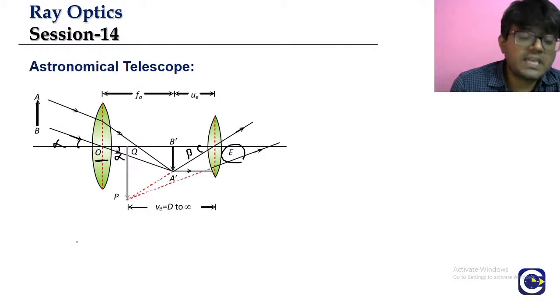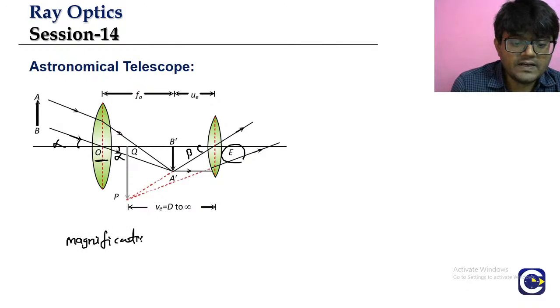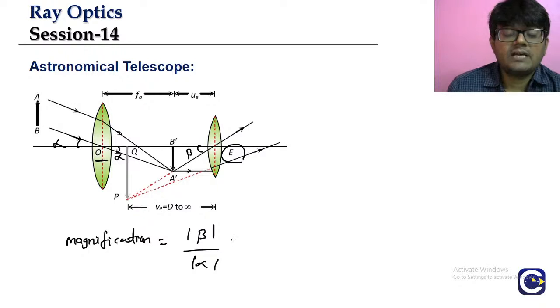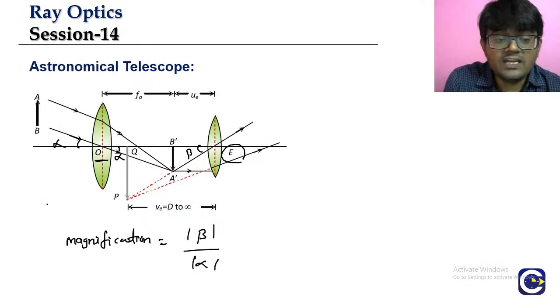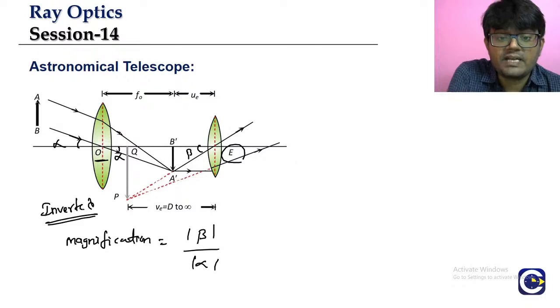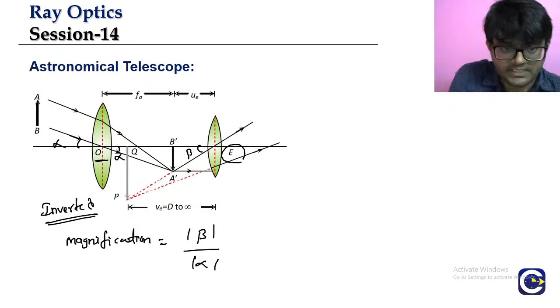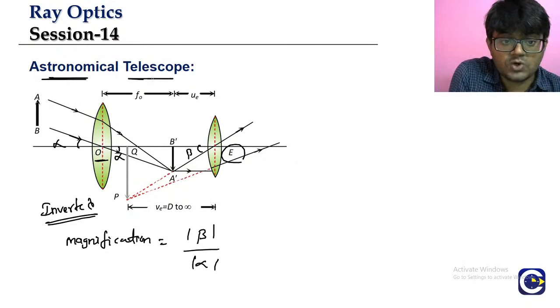So the magnification here we will take as modulus of beta by alpha. Why we take a modulus? Because the final image is inverted with respect to the original object. In astronomical telescope, final image will be inverted with respect to original object.